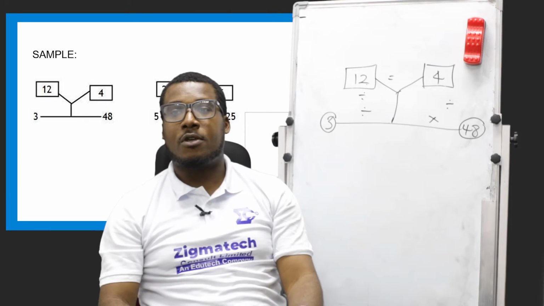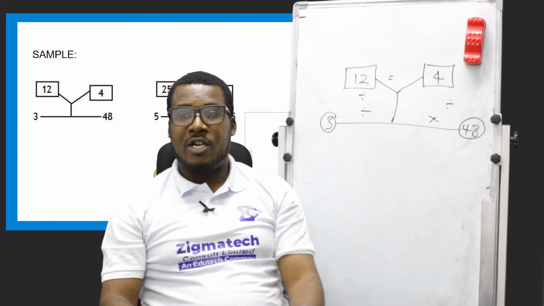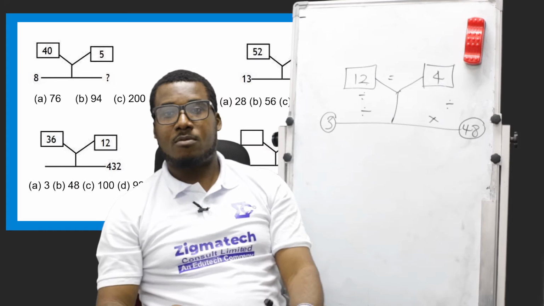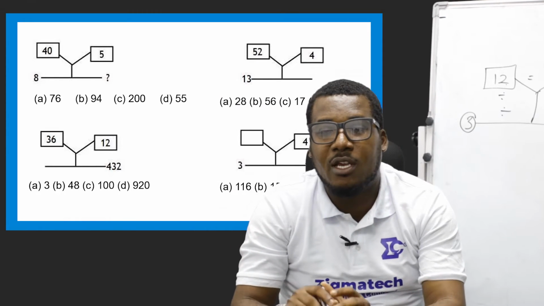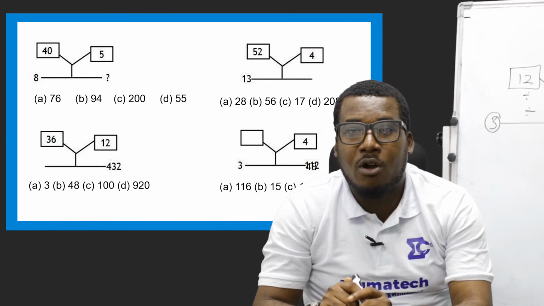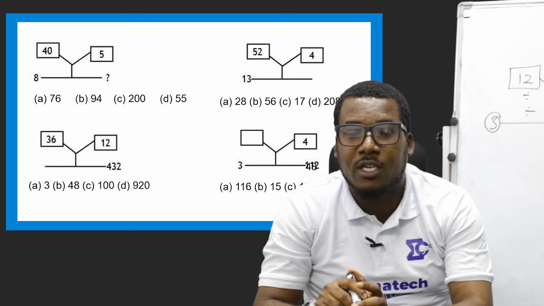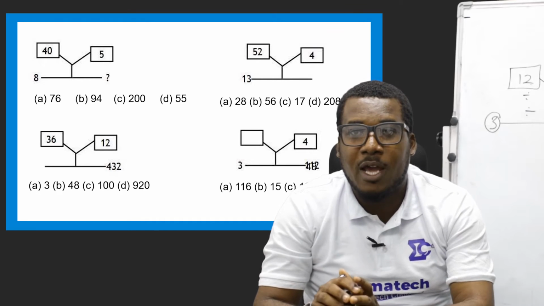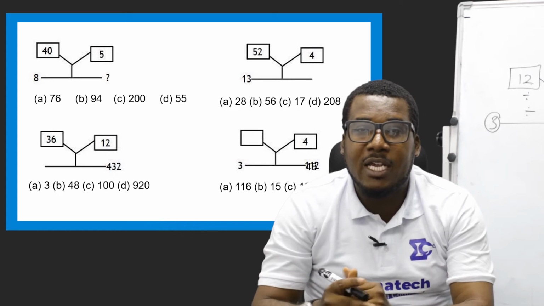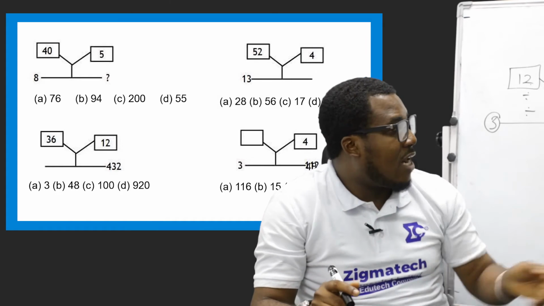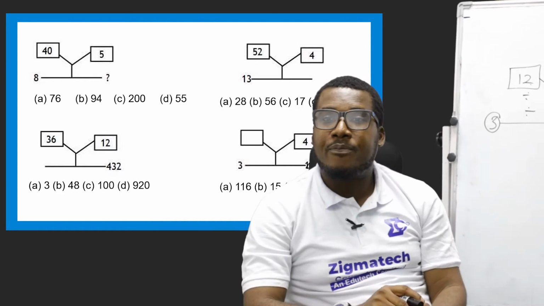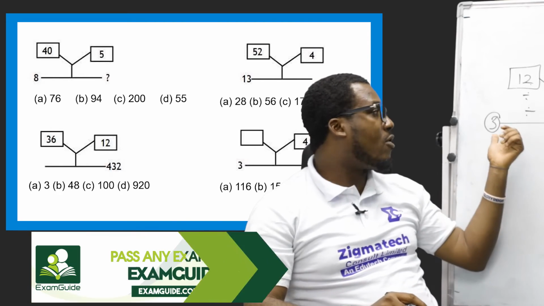Now let's do some questions to appreciate these more. The first question they gave us: the left box was 40, the box at the far right was 5, and they didn't give us the greater number, the one that is always the greater number here. But they gave us the one with the lesser number, the 8 here.